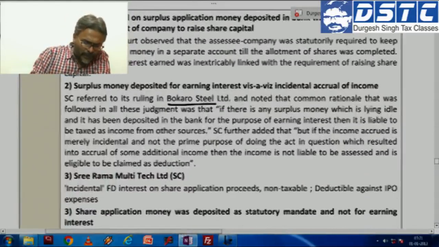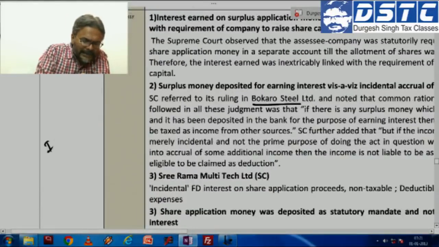I shall warn all of you about ICDS 9, which is on borrowing cost. Are you aware of that?